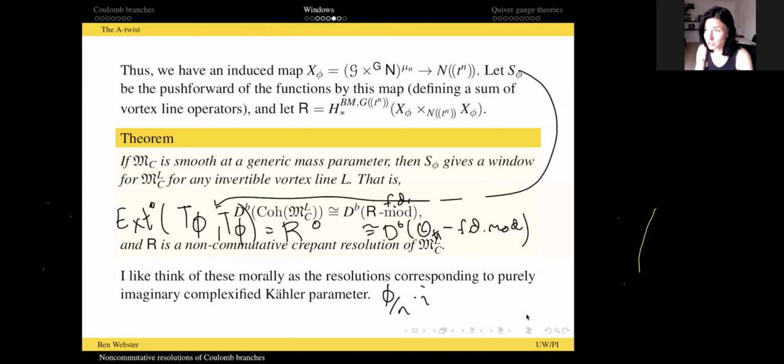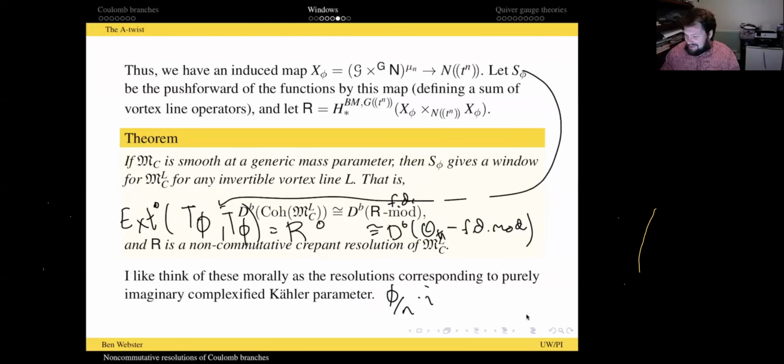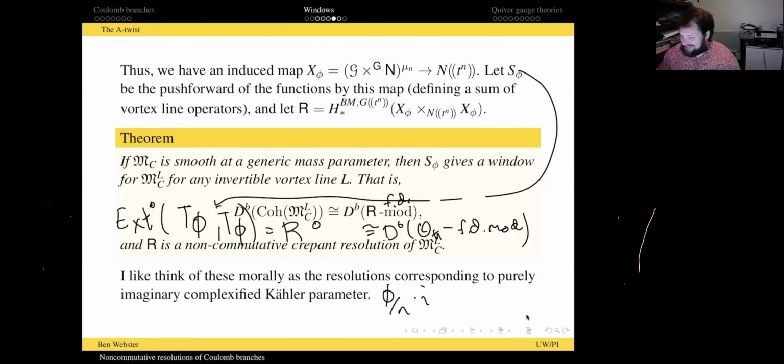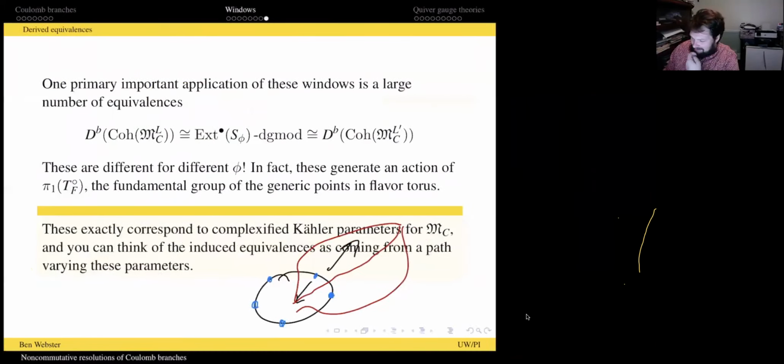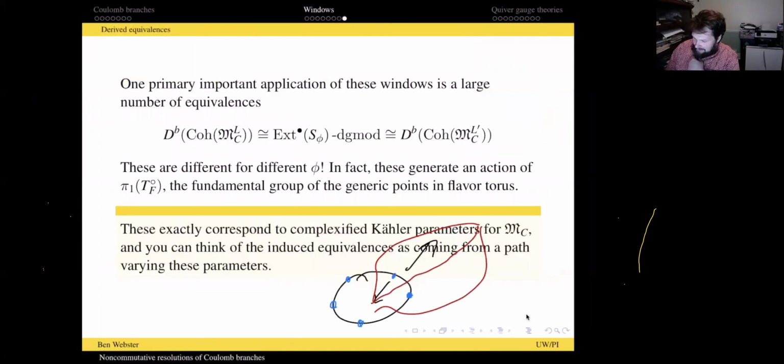Because you look at its affine cone and look at the C star action on that and do the GIT quotient for that action. So being able to write it as a GIT quotient is a vacuous requirement for a projective variety. What's interesting is actually having some control over what these bad points are, knowing that they're exactly the ones that correspond to bad complexified Kahler parameters.